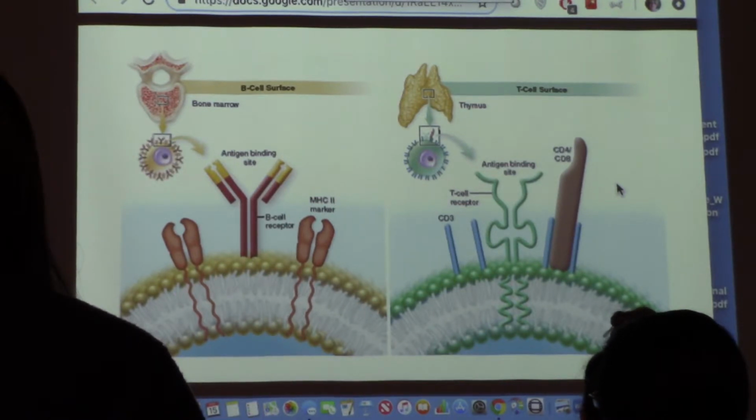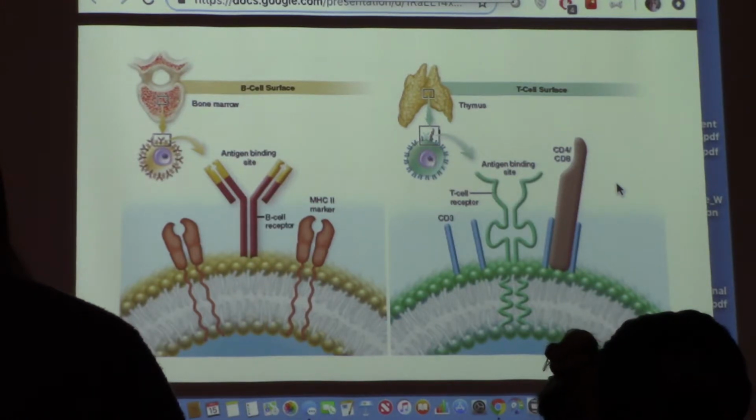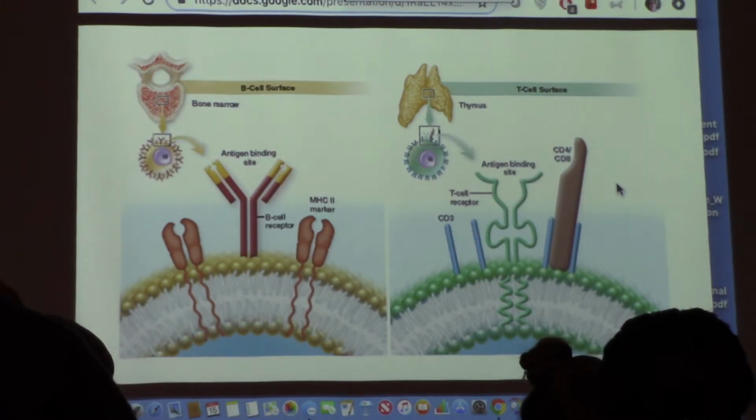There's actually one other thing that I want you to notice about B cells and T cells, and that is, I think we said this before, that all nucleated human cells have an MHC class 1 receptor. We're talking about HLA receptors. So I was talking about self and non-self, and I said that all of your cells have proteins on their surface that just differentiate you from someone else.